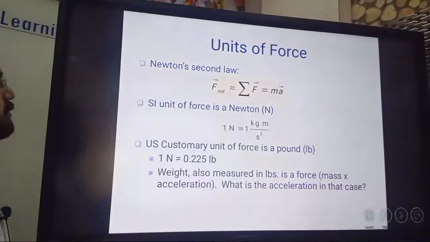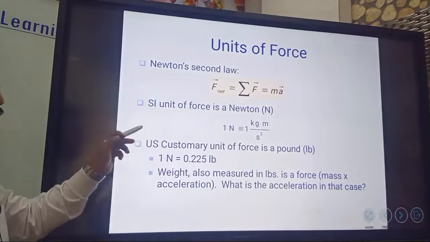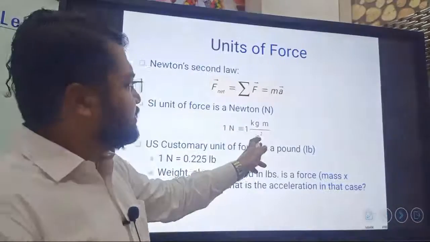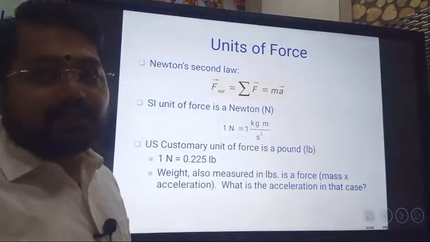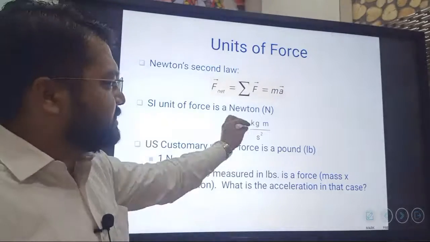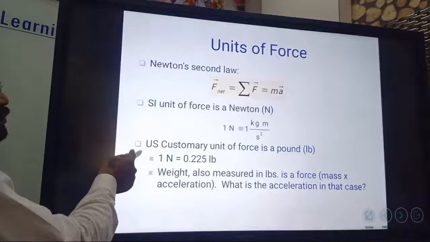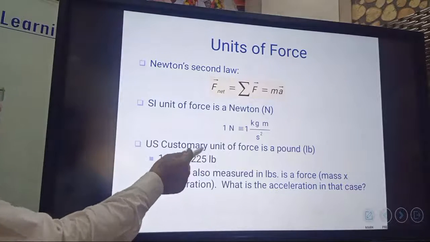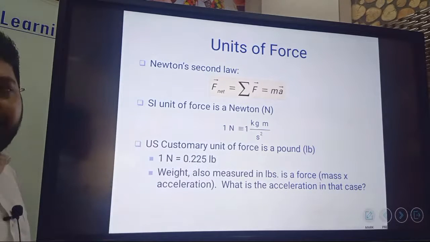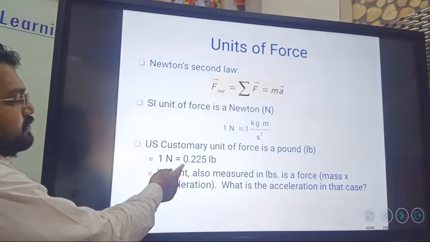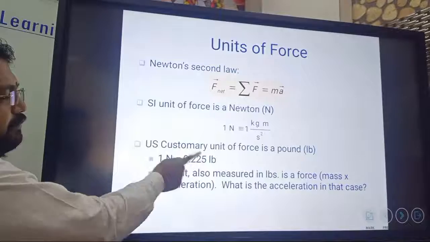So the SI unit of force is Newton, mass is kg, and acceleration is meter per second square. In some other countries they calculate it as pound. 1 Newton is 0.225 pound.